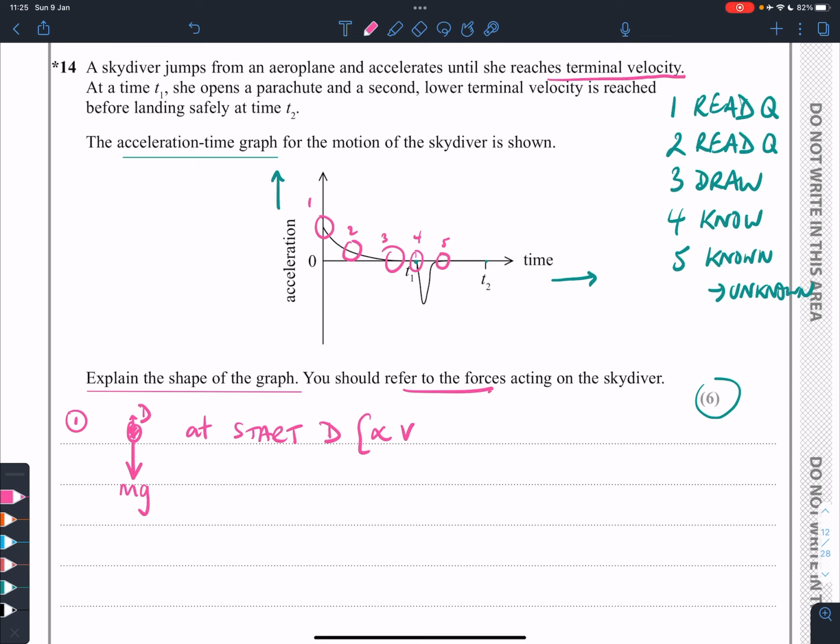Now, technically, you might say it's proportional to velocity squared. You don't really need to say that. Just proportional to velocity is fine. At start, d is very small. mg is very much bigger than d, so therefore, large acceleration.